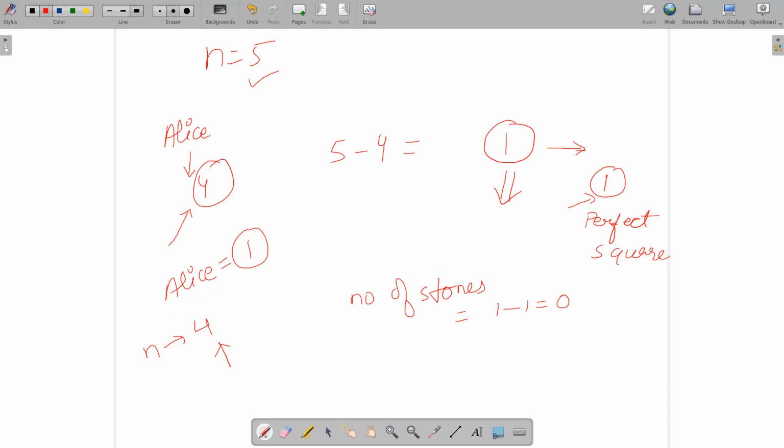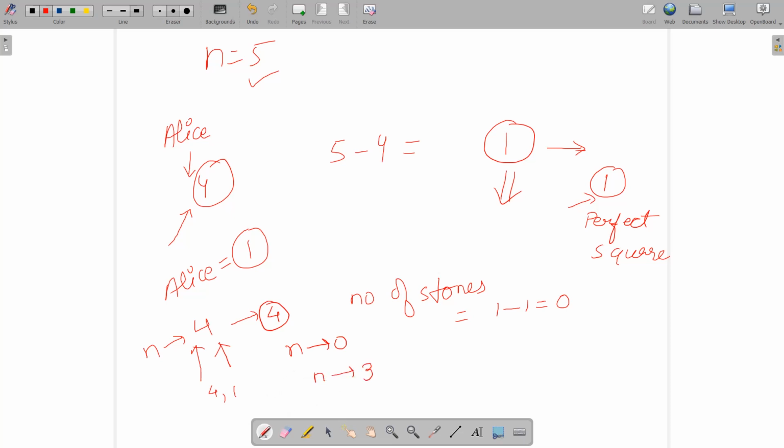Bob could again choose exactly 4 stones, and n reaches 0. Now Alice sees that there are no stones, so Alice loses. But here you can see that when n is 4, Bob has two choices: either exactly 4 stones or exactly 1 stone. If Bob chooses exactly 1 stone, n reaches the value 3.